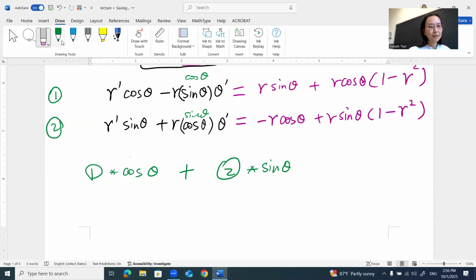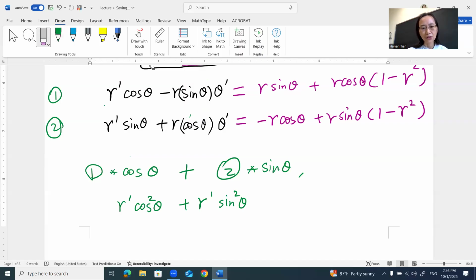So with that, we see the first equation times cosine theta, we get another cosine theta, we get the cosine theta squared. And then add the second equation times sine theta, we get sine theta squared. And then the left-hand side, the two terms involving theta prime will be cancelled.